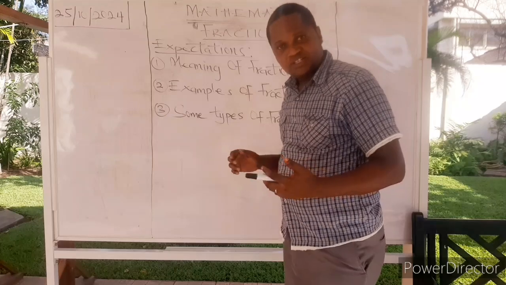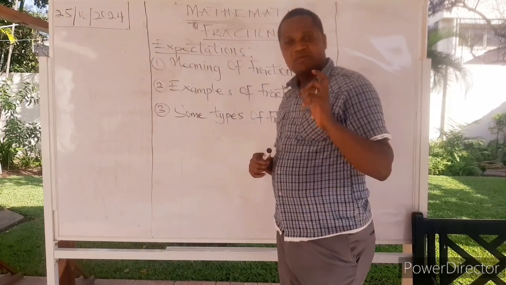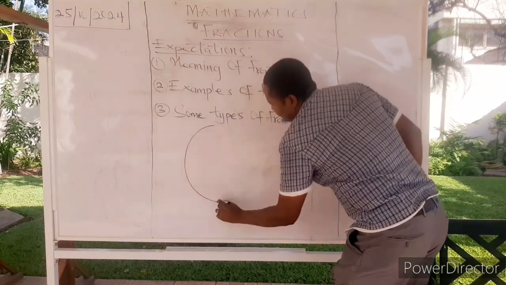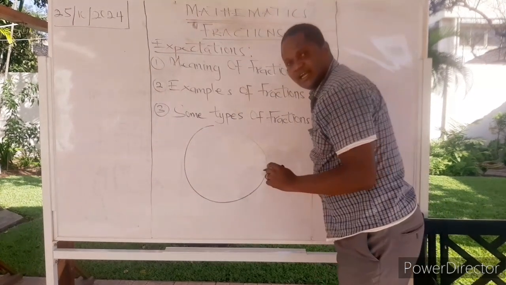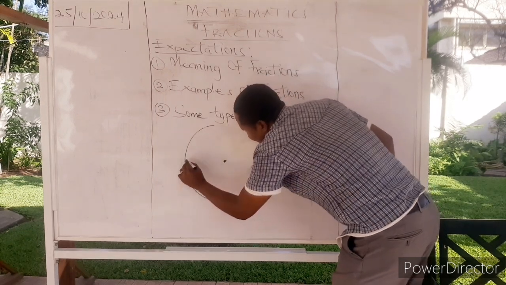So what is a fraction? I'm going to use a diagram to illustrate the meaning of fractions. So I have right here a circle, and in this circle I'm going to divide the circle into several parts.